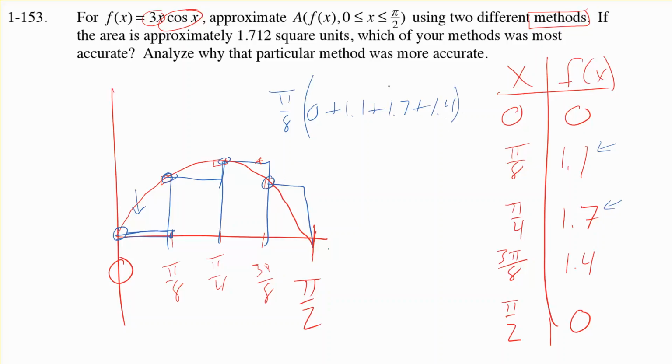Now I definitely demonstrated 1, 2, 3, 4 rectangles, but we actually didn't use the last height, of course. So what happens when I do that calculation? That actually gets me 1.65, which is really close to what it should be. So that was left-handed rectangles.